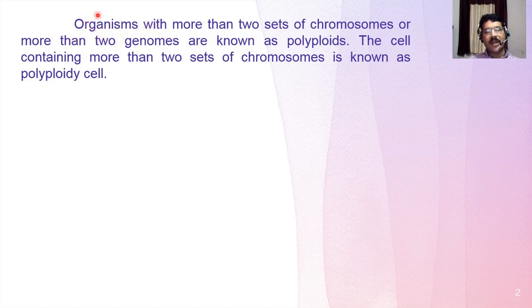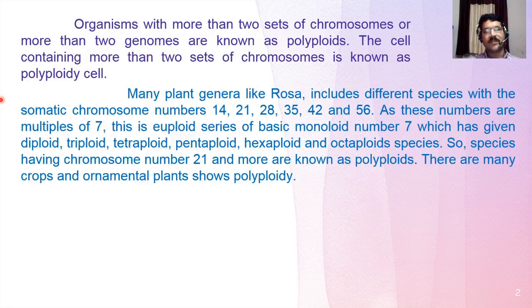If it contains two sets of chromosomes, it is known as diploid. But if an organism contains more than two sets of chromosomes, or more than two genomes, that organism is known as polyploid. And the cell which contains more than two sets of chromosomes is also known as a polyploid cell.